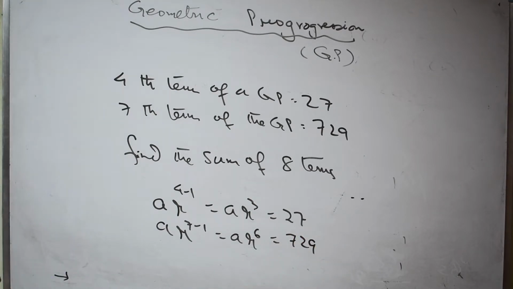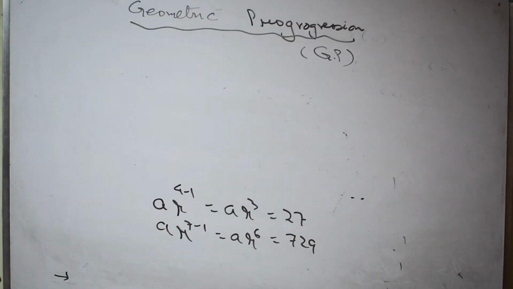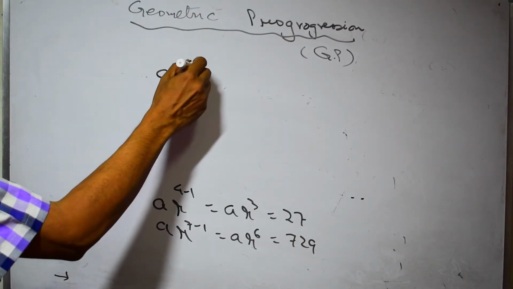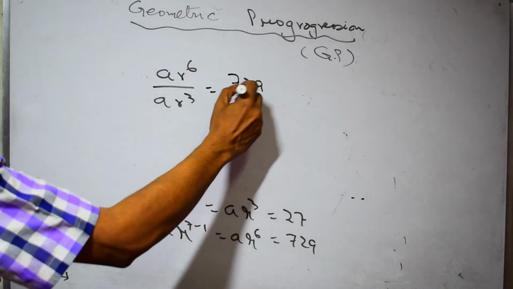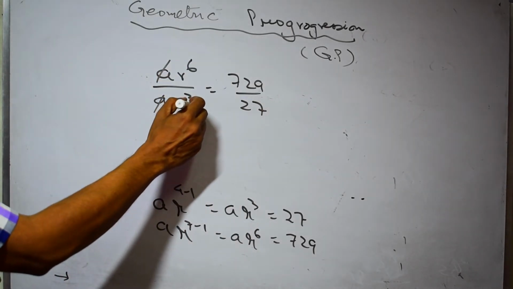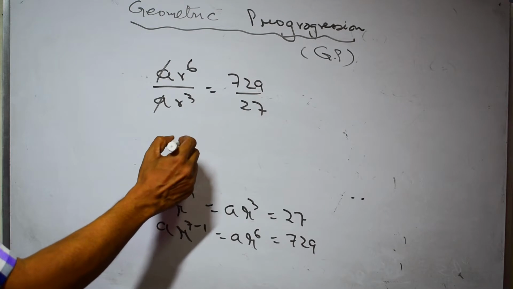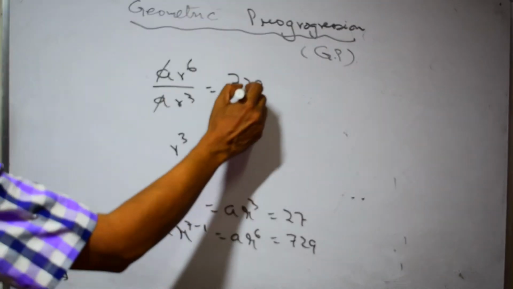It's a very easy task. If I divide these two, then A will be cancelled. That means AR to the power 6 divided by AR to the power 3 is 729 by 27. A is cancelled, and the power is reduced to R to the power 3, 6 minus 3, and that is 27.